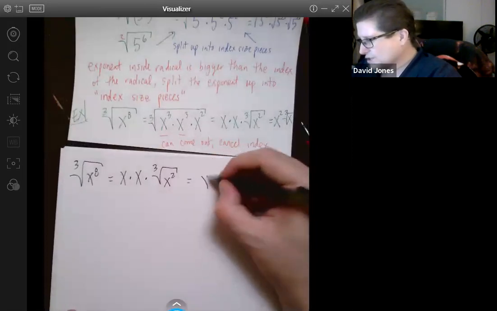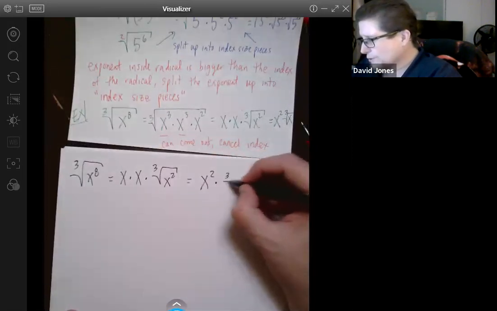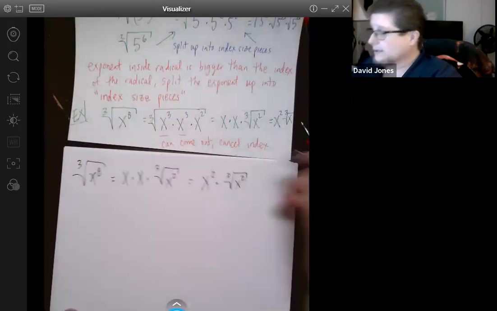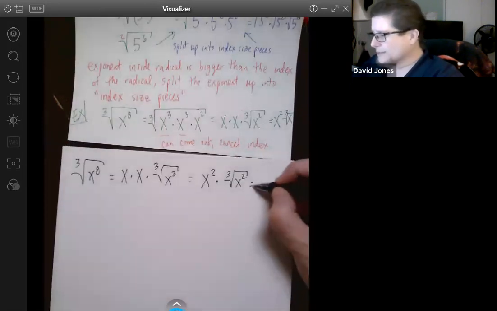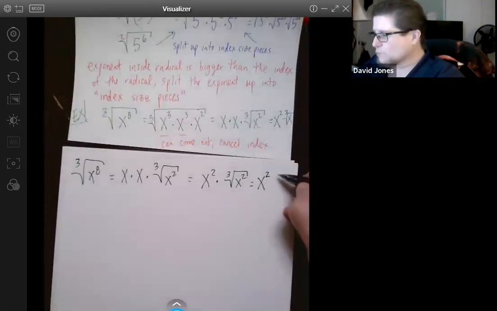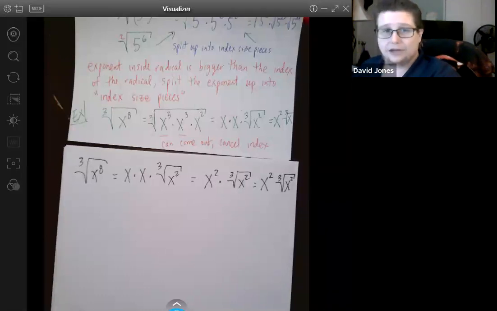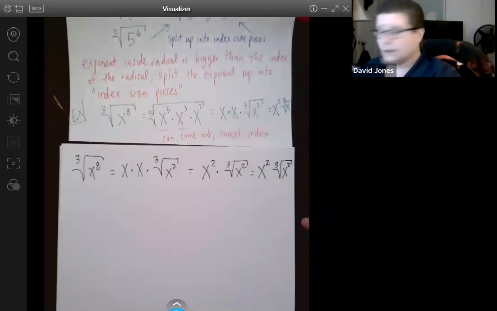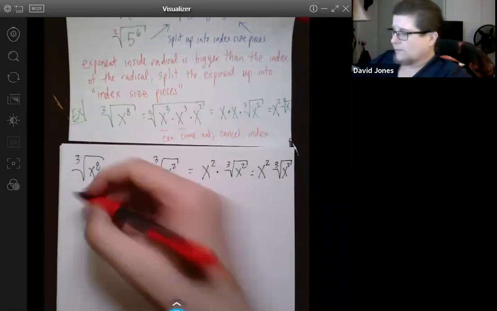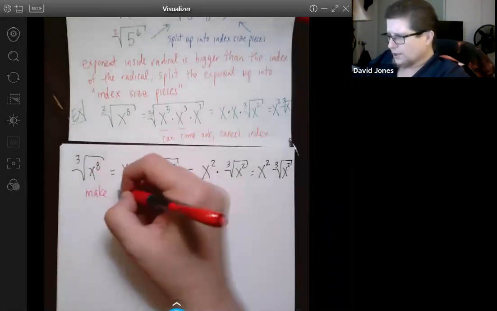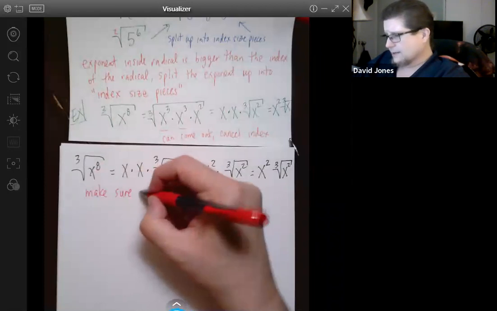And when you put them together, this is why you want to make sure that the 3, the index, is clearly on a ledge.